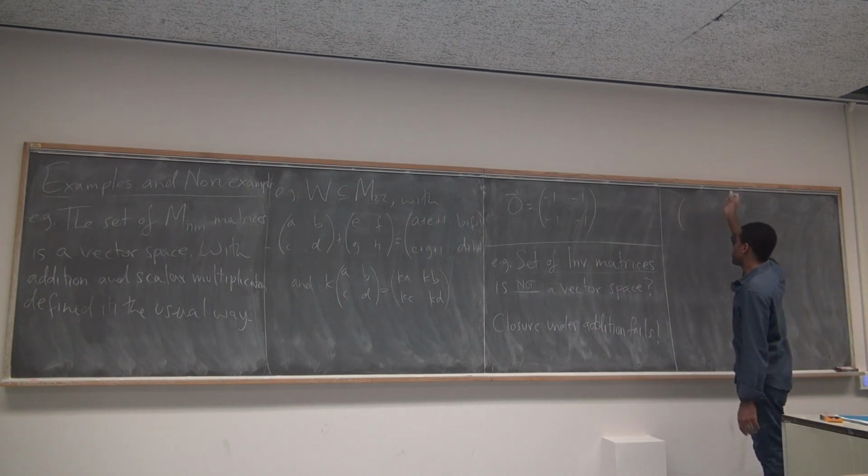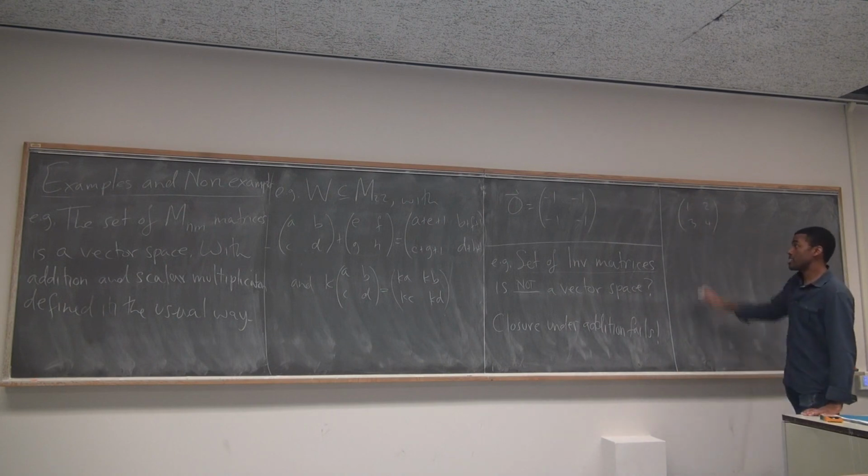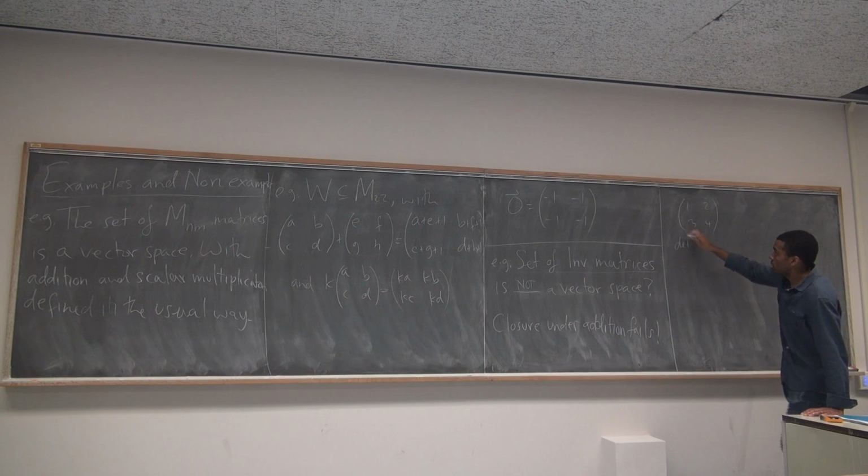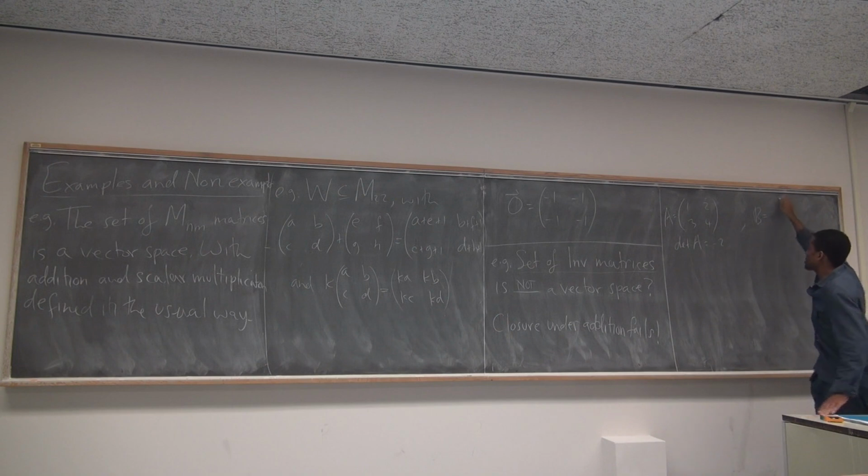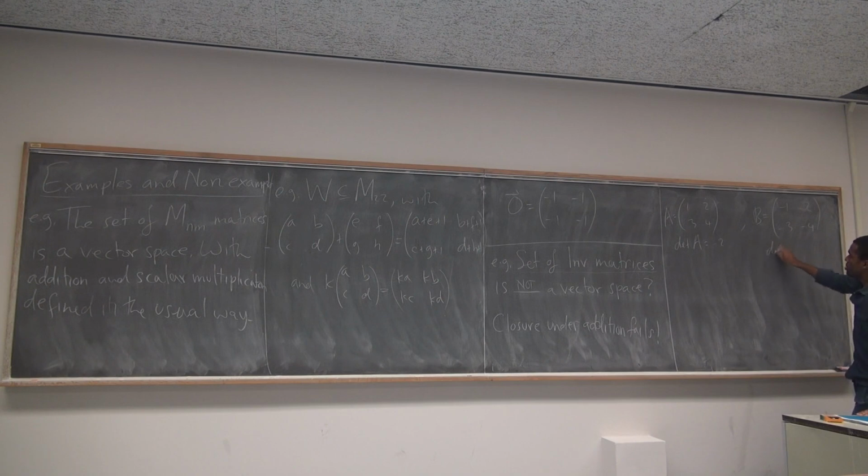So for example, if I have 1, 2, 3, 4, then I know that's invertible because the determinant of A would be 4 minus 6, minus 2. And if I have another matrix, let's just say the negative of that, then the determinant of B is also negative 2.